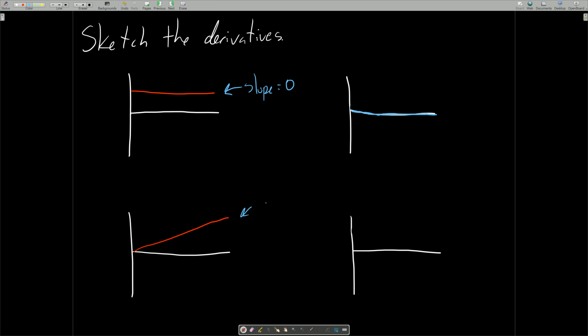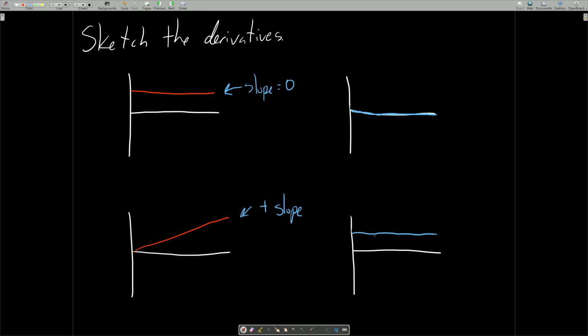This red line has a positive slope. It is going upwards. So you mark that on your derivative graph by having a line above the x-axis.